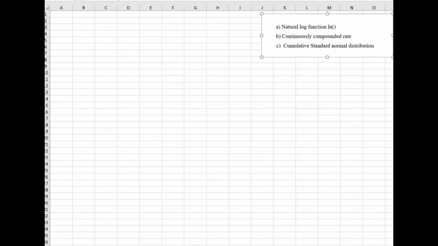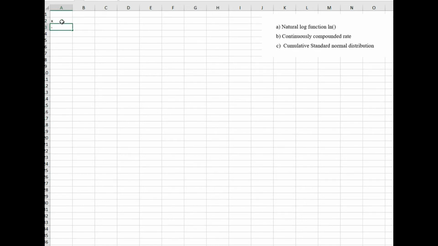Now we explain the continuous, cumulative, standard normal distribution and how it's related to the Excel function. Let's look at the standard normal density function. Let's use -3 as the x value.